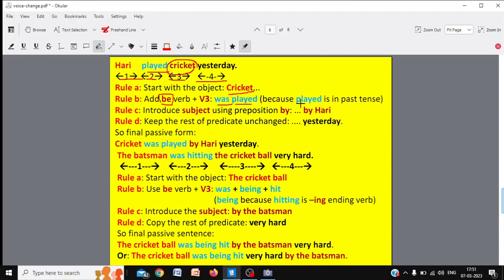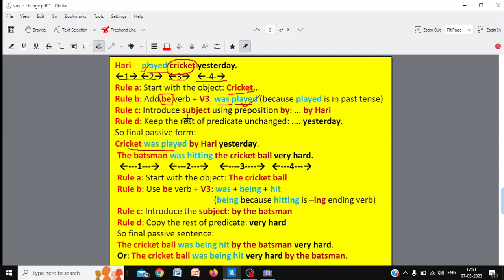So played is in past tense, so we are using was played. Note that here it was in V2 form, but here it is in V3 form, but in case of play, both V2 and V3 are identical. So we have was, that is the be verb, past tense, was played. So we get cricket was played.